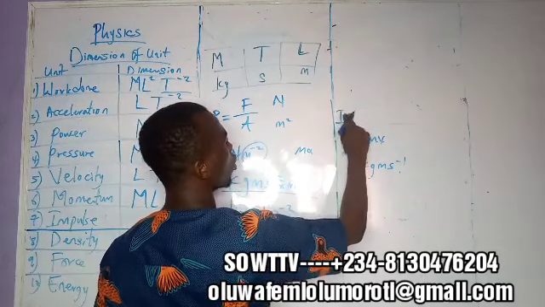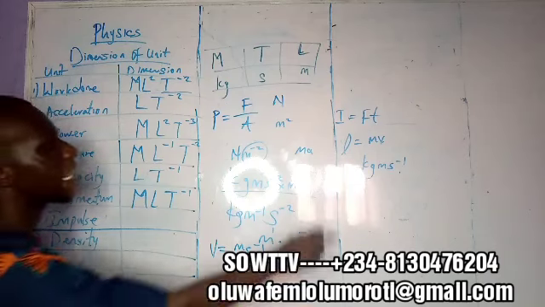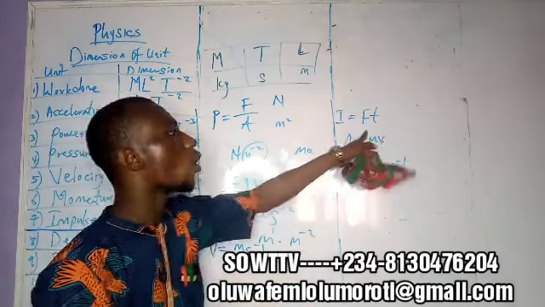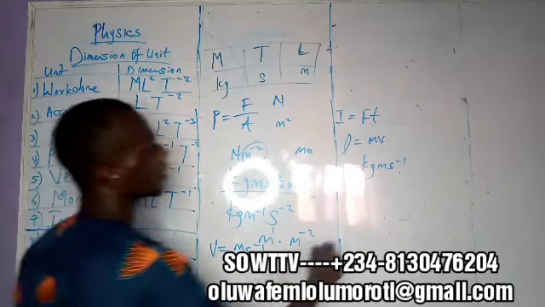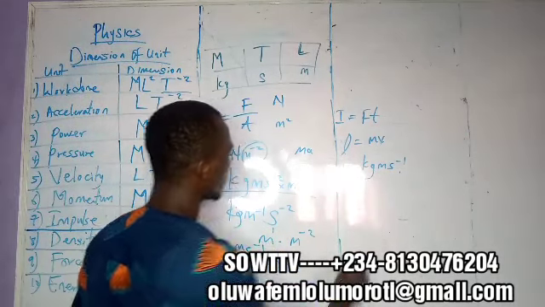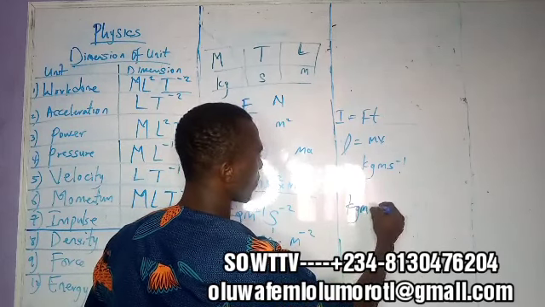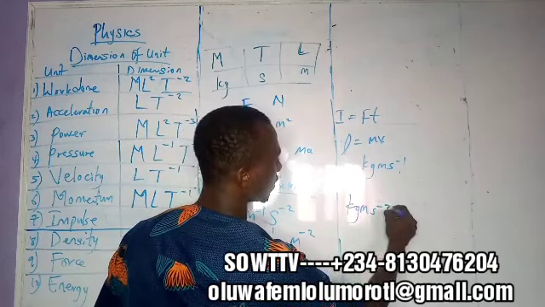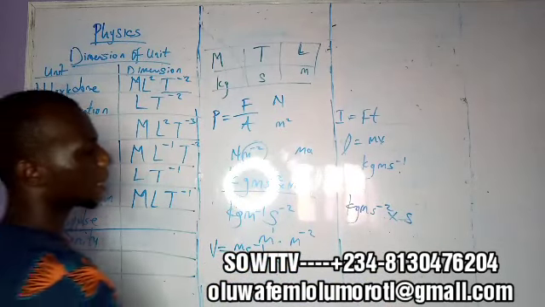Now the dimension of impulse. Impulse is equal to Ft. So the formula to get your impulse is force times time. Force is measured in Newton, which is the same thing as kilogram meter per second square, then times our time, which is second.